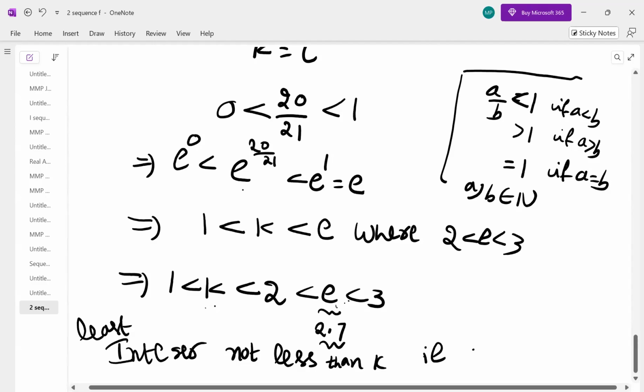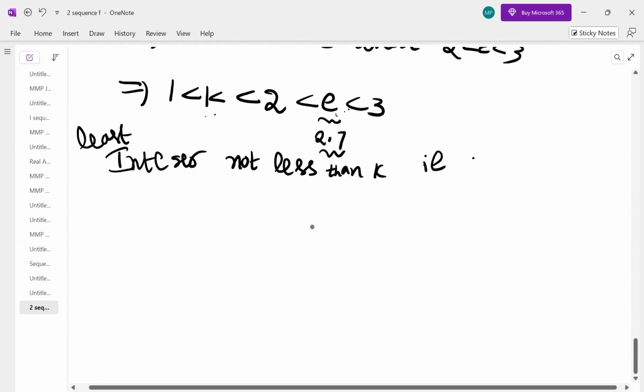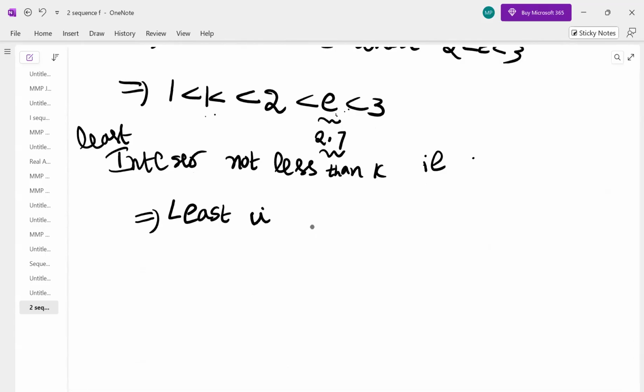Least integer not less than k means the least integer greater than or equal to k. Since k is less than 2.7 something, what are the integers greater than k? K is less than 2 definitely. So the first integer will be 2, because k is less than 2.